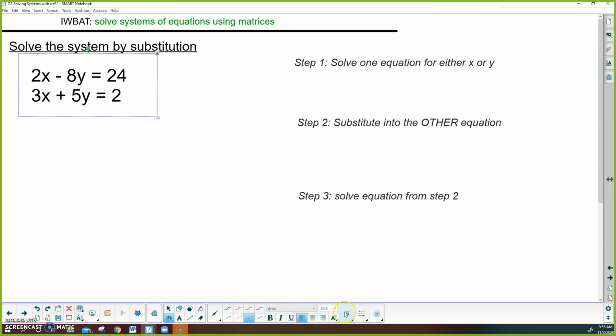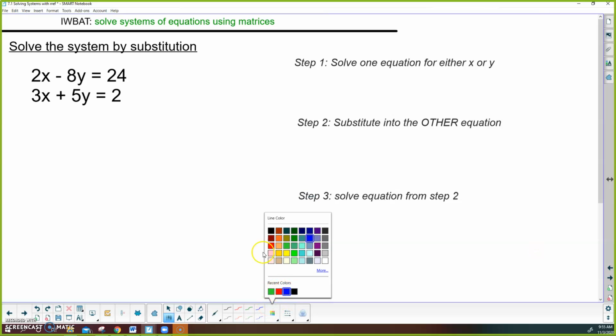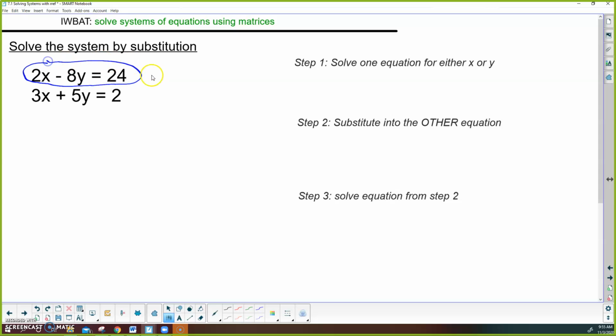the first equation, and we want to solve for x or for y, whatever one looks easier. In my case, if I solve for x, that's probably the best possible option because dividing both of these by 2 gives a friendlier answer.